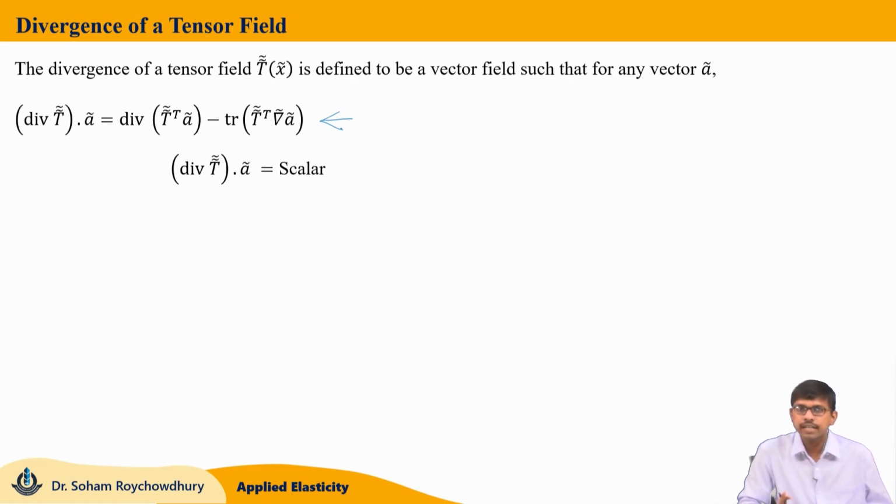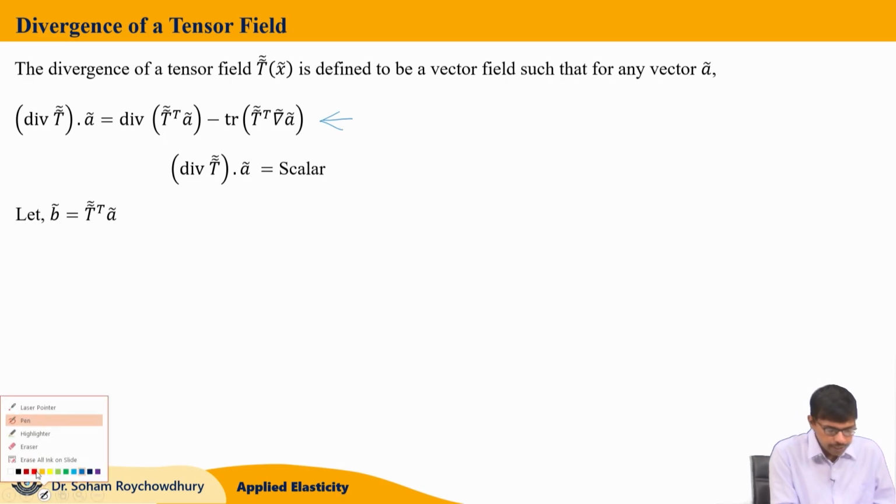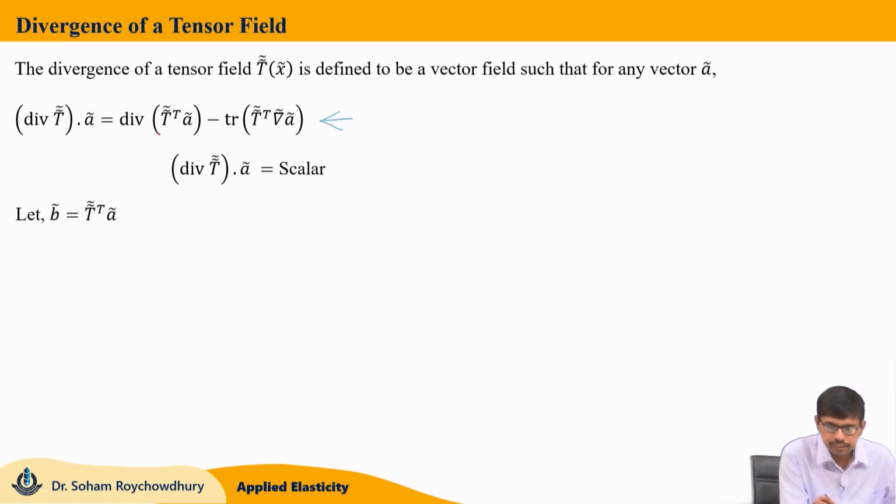As the left hand side is a scalar, both the terms on the right hand side must result in scalars as well. Let us first take the first term, divergence of T transpose A. Here we are assuming a new quantity. This T transpose A is assumed to be a new vector B.